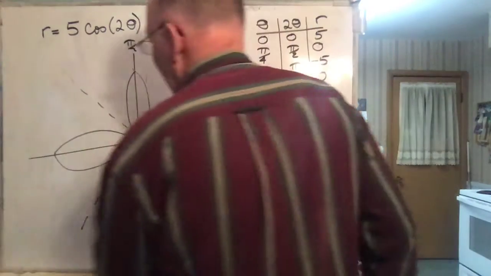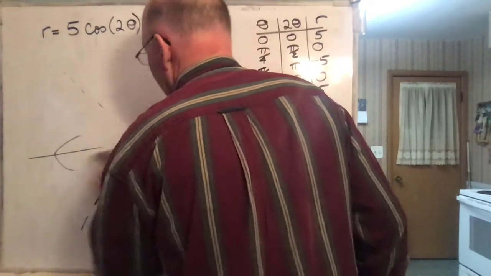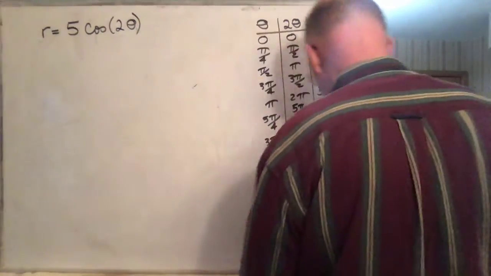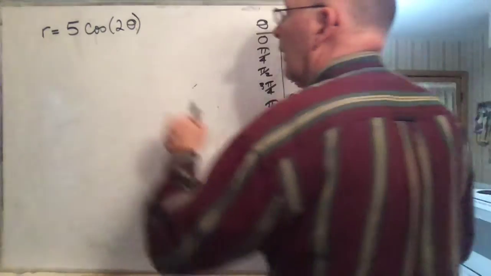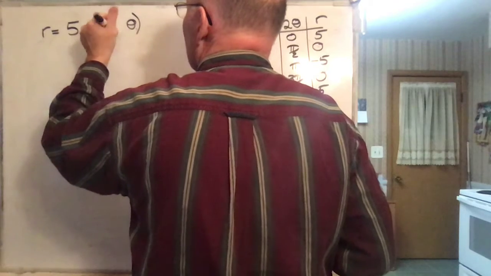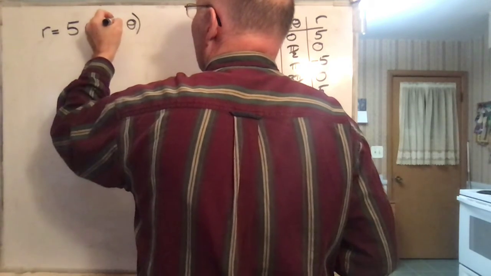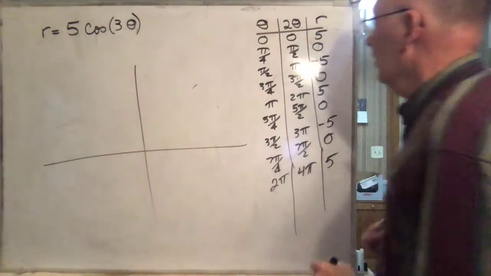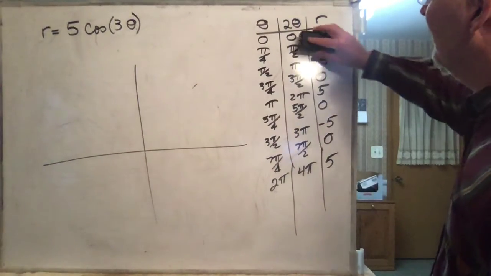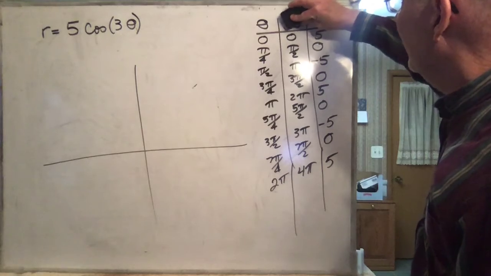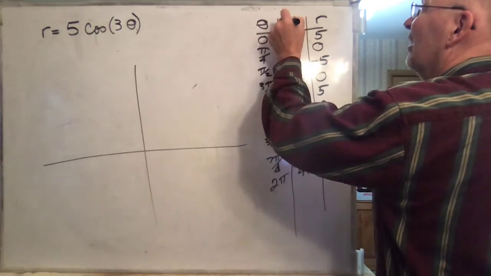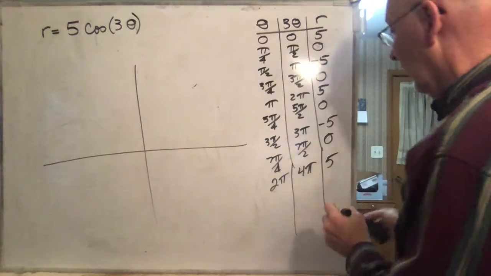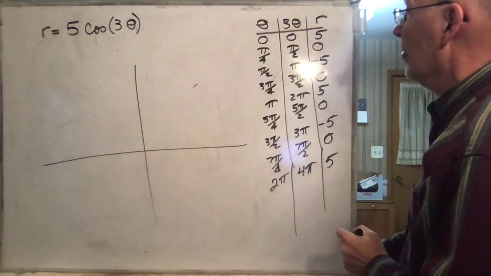Okay, the last one I want to do is what happens if we change that to a 3 rather than a 2. And I will just give you the answer. You have to go through the same thing, except now this is going to be 3 theta. And so 3 theta has got to take on all these values.